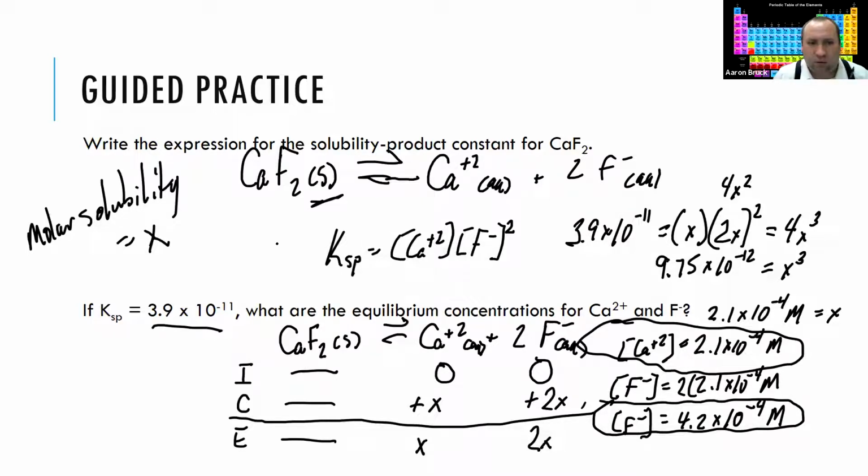So if we were asked for the molar solubility of calcium fluoride, we would say that the molar solubility is this, 2.1 times 10 to the negative fourth molar. And so even if our stoichiometry comes out as 2 to 3 or 4 to 5 or whatever the case may be, whatever our value of X is, that is our molar solubility, because that's going to be the coefficient on that one ion, or that one atom there.